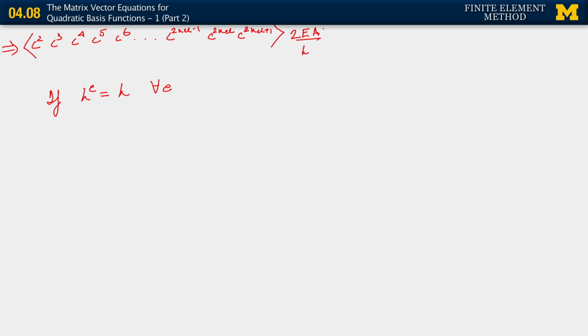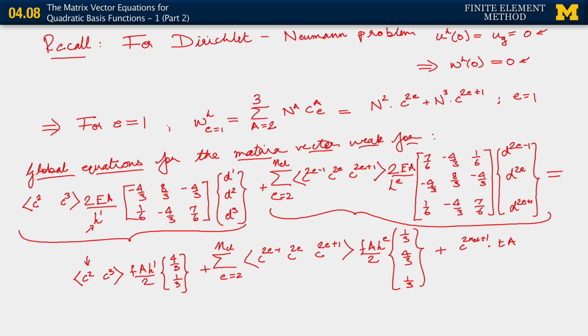Now, we are going to write out our big matrix, giving myself plenty of room. For the very first element, we have contributions only from C2, C3. If you go back and look at what we had on the previous slide, look at the contributions from C2 and C3 on the left-hand side here.